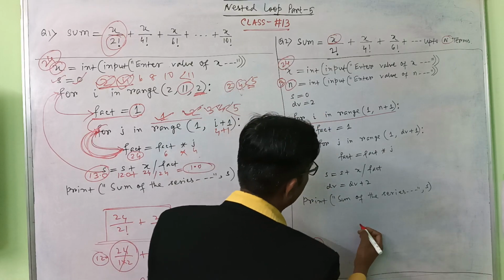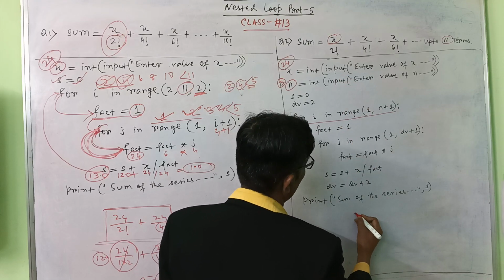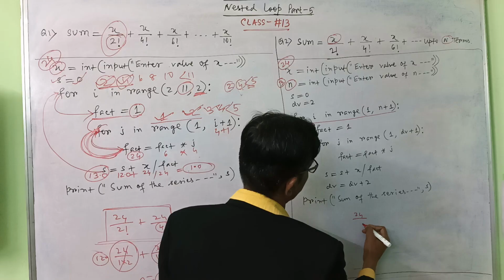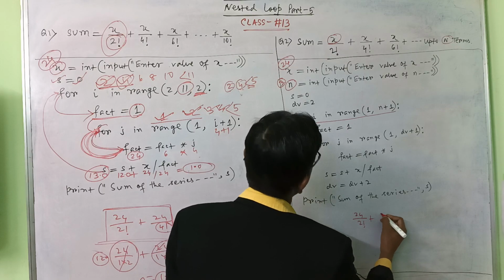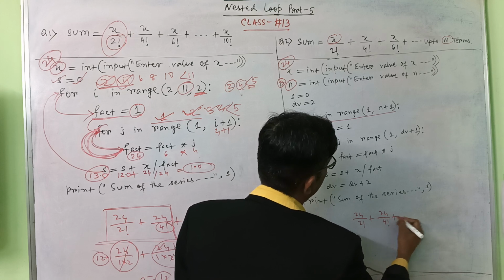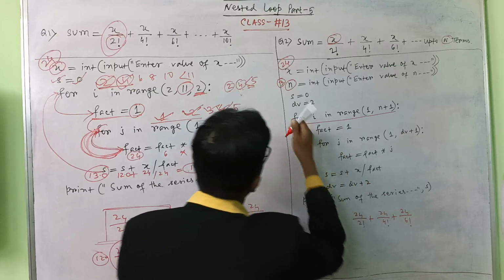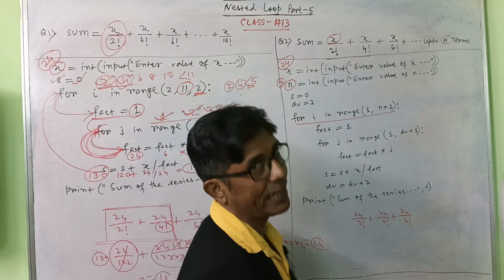So actually what we are doing, x is equal to these three terms: 24 by 2 factorial plus 24 by 4 factorial plus 24 by 6 factorial, when the value of n is 3.